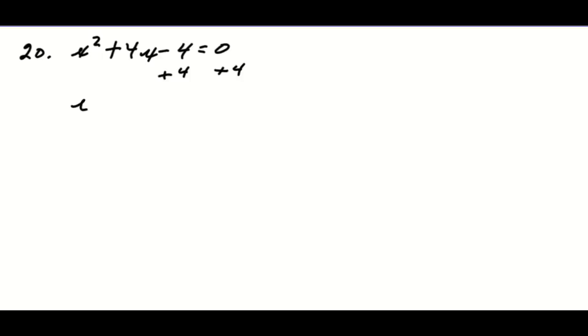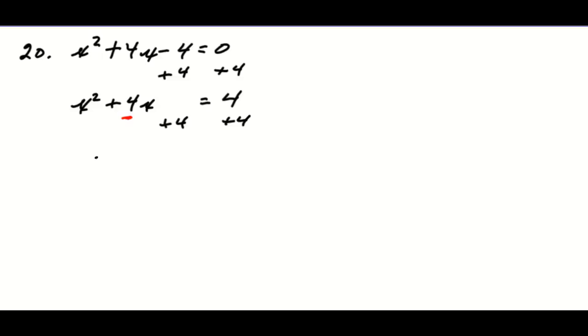This now gives us x squared plus 4x equals 4. Now, when we focus again on the antecedent to the second term, the b, and we take half of that, well, half of 4 is 2, and that squared, 2 squared is 4. What I want to do is add 4 to both sides.